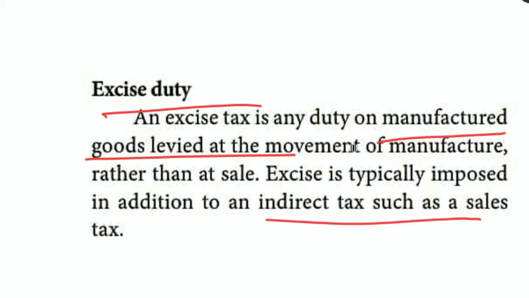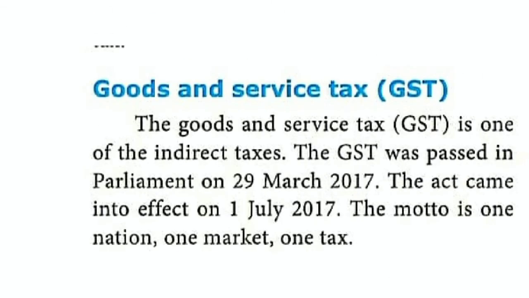The next one, the last one, GST. What is that? Goods and Services Tax. It's one of the indirect taxes, children. In which year was it passed in the Parliament? On 29th March 2017, the bill was passed in the Parliament.